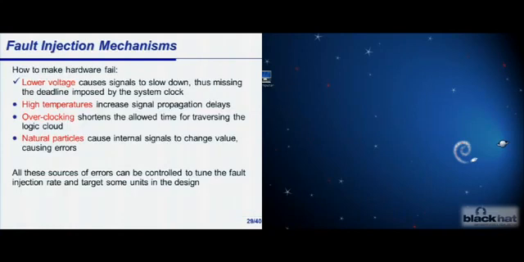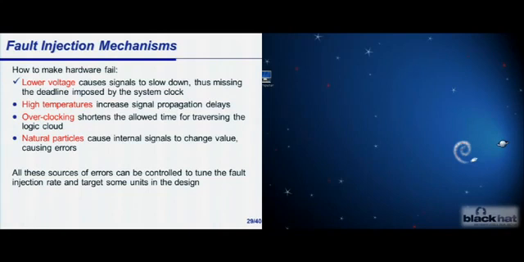For instance, if your server is operating at a temperature that is higher than the recommended temperature, it may also start having the same type of problem where some signals are too slow. If you're overclocking the system, you may have this type of problem too. And then if you're going to Mars, that can create a situation where the alpha particles are too frequent and your RSA server is making mistakes. So some of these sources could actually be controlled.